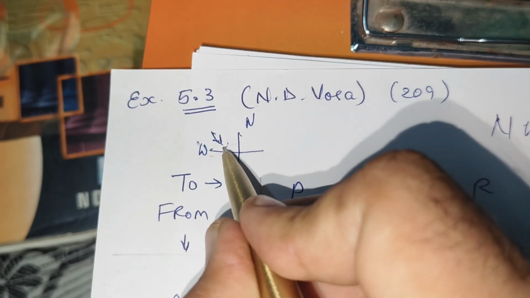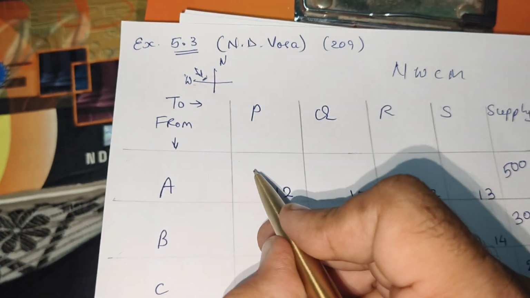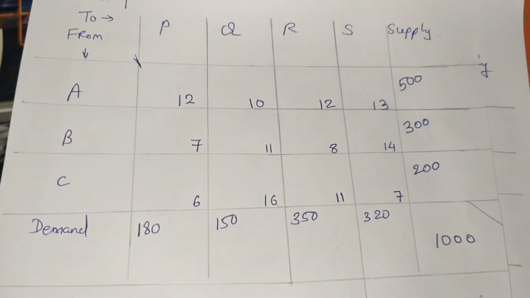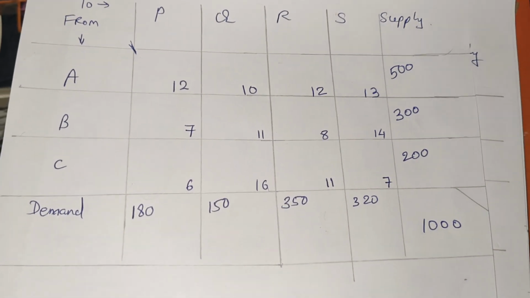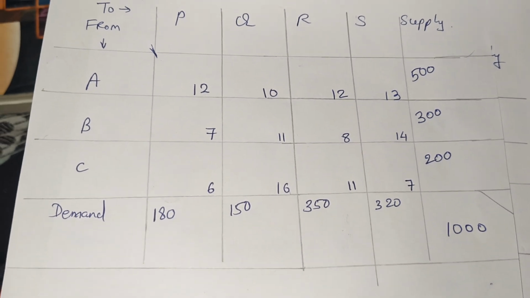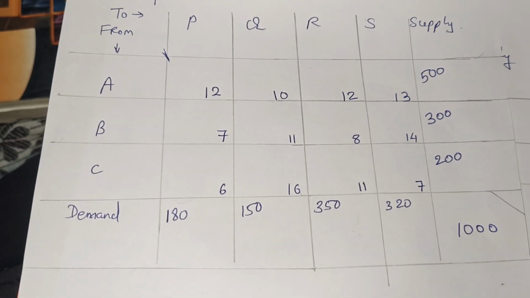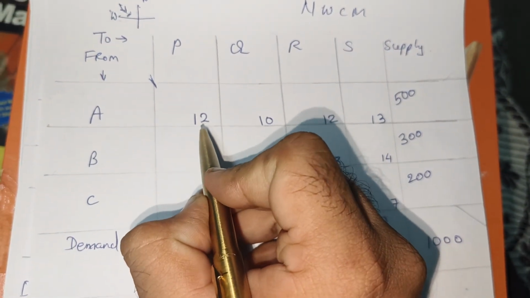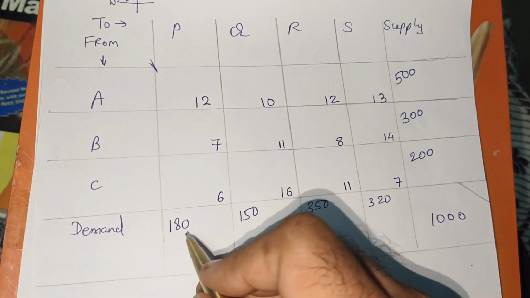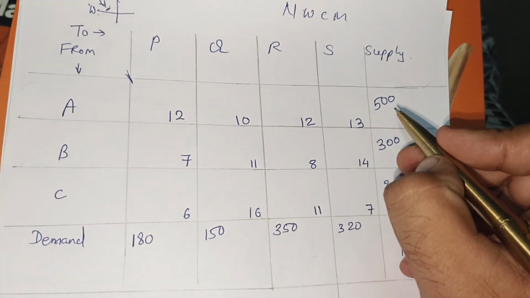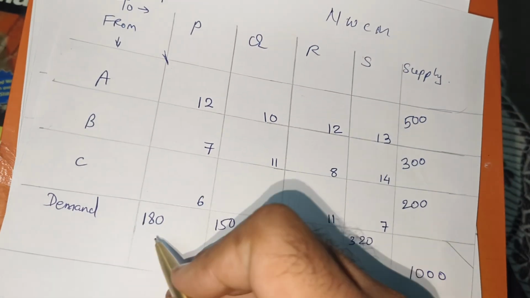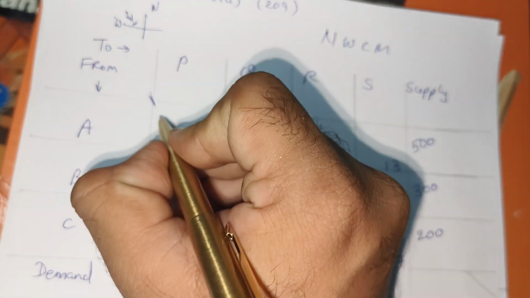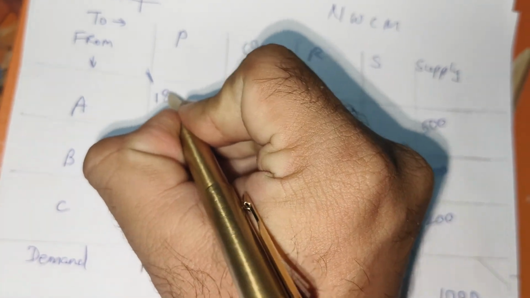So obviously I will start from this corner. 12 is my northwest corner, and I will start allocation of demand and supply and try to find the cost. Here the cost is 12, my demand is 180 and my supply is 500. Whichever is lower, consider that. Here 180 is lower, so just allocate this demand.